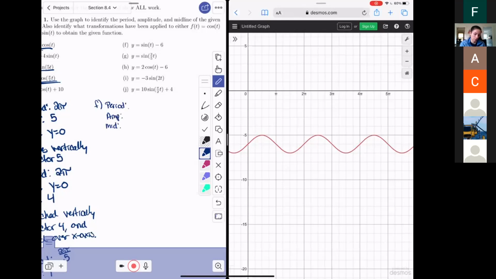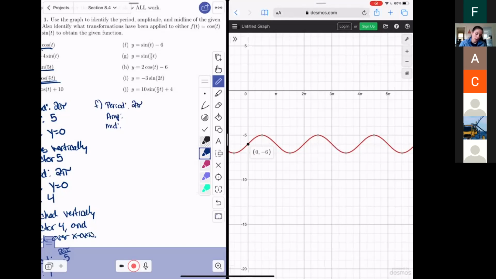So we're starting here, and we'll go up, down, and then back to that midpoint here. So what is the period? 2 pi. 2 pi, good.